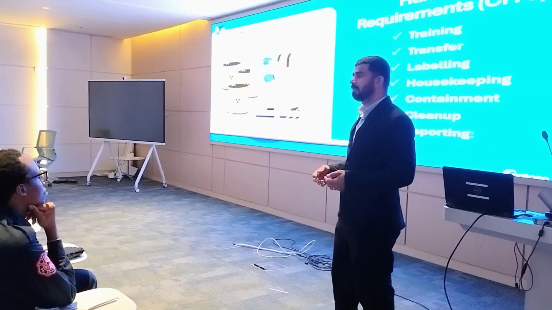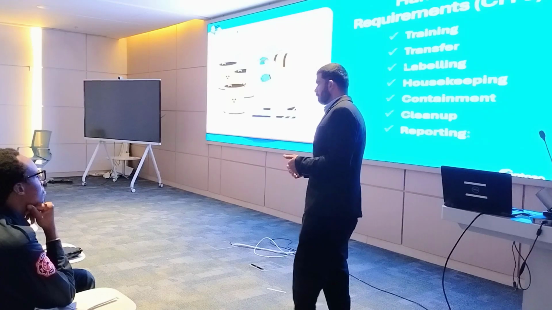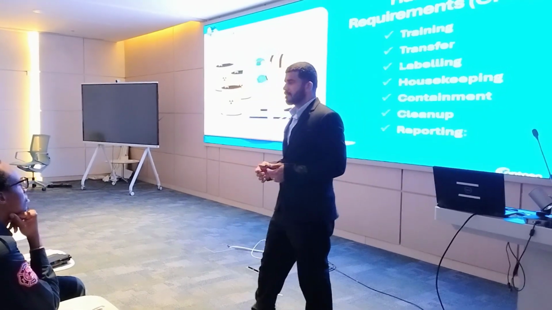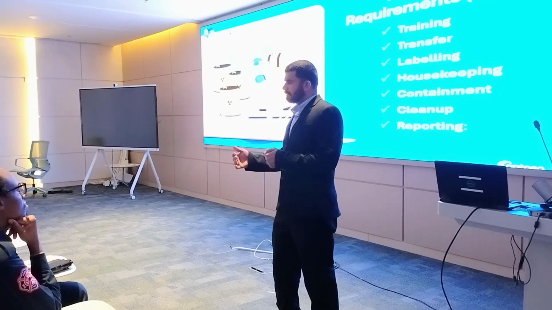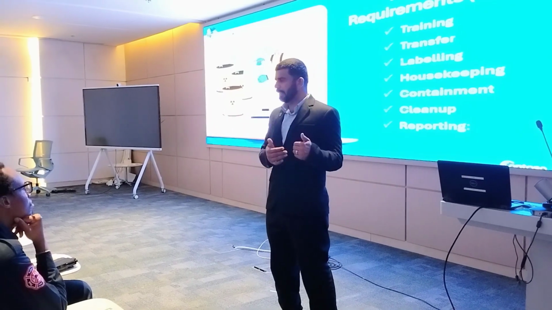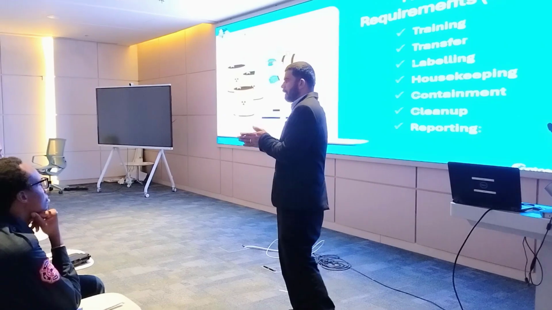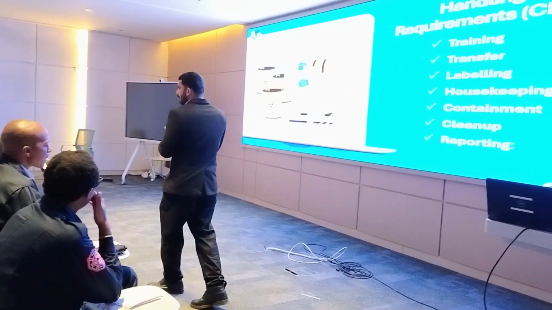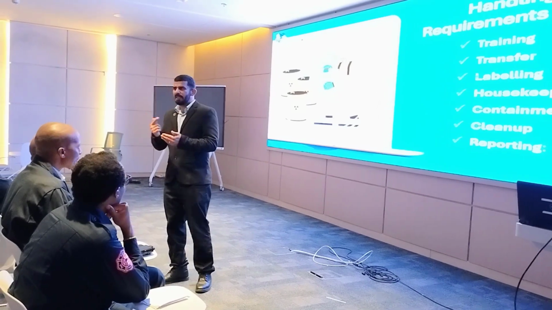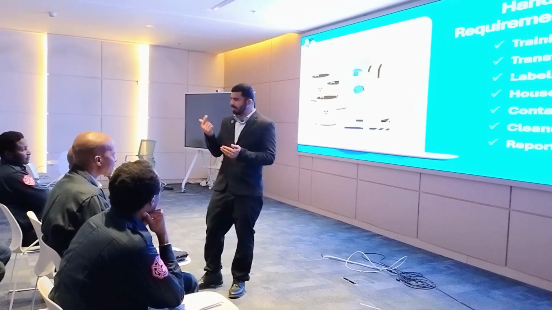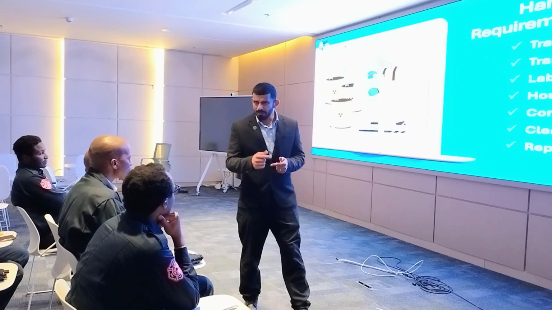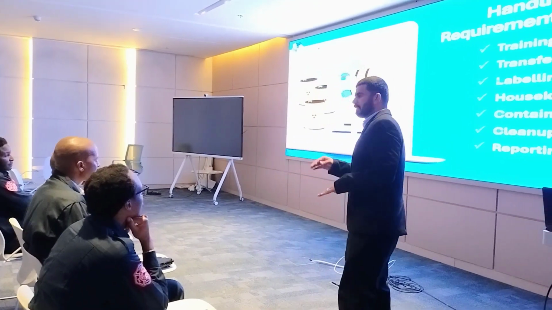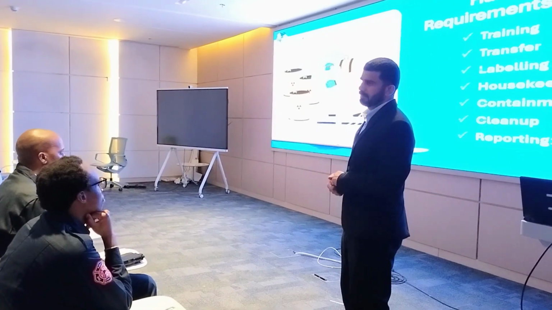Second one is transfer. What kind of transfer? When we are going to transfer this flammable solid from one place to another, what precautions do we have to take? As per NFPA, proper labeling, proper covering, proper wrapping, each and everything should be done before the transfer.